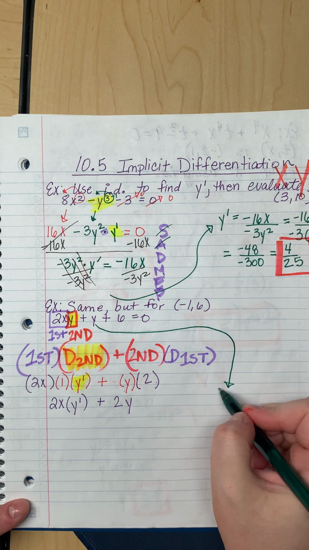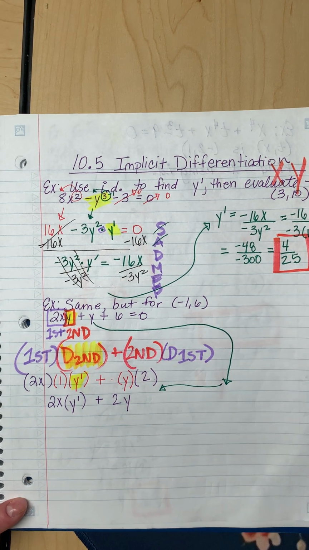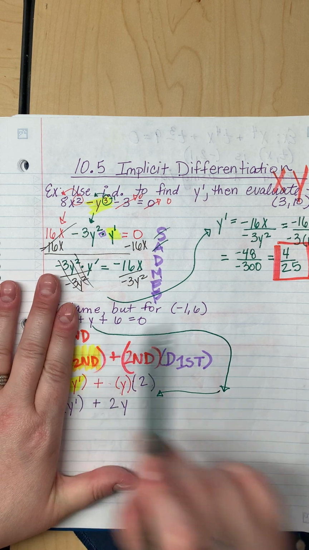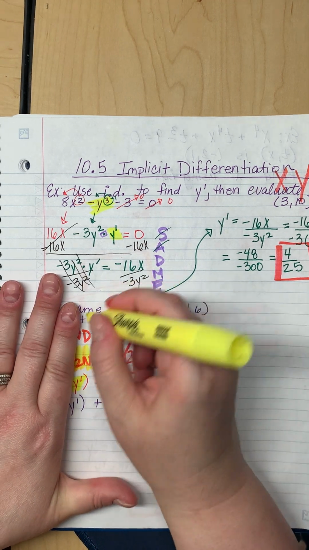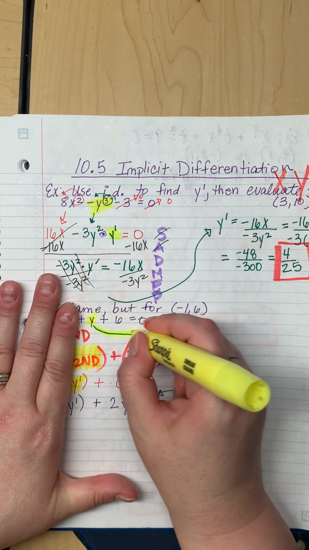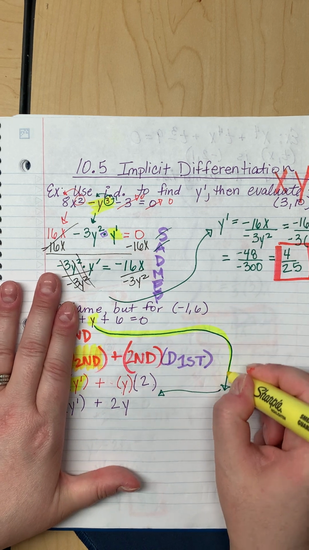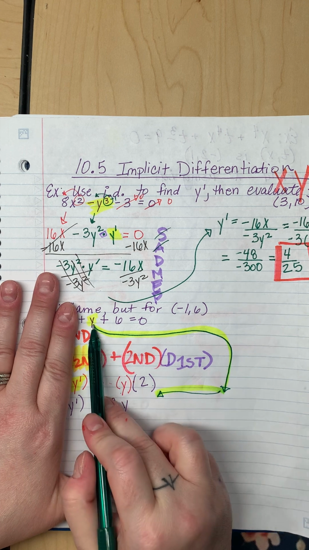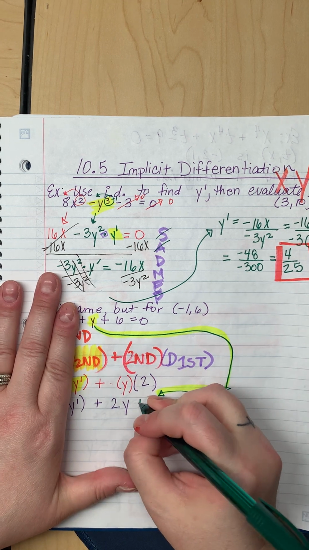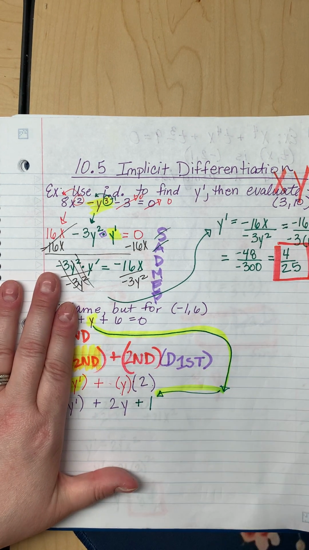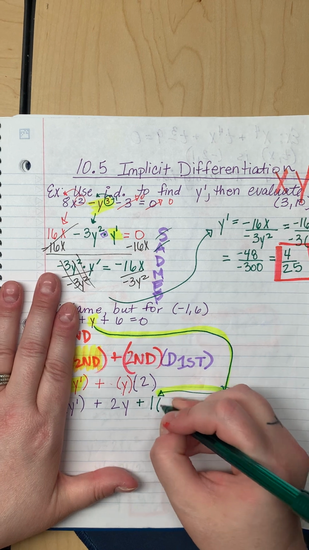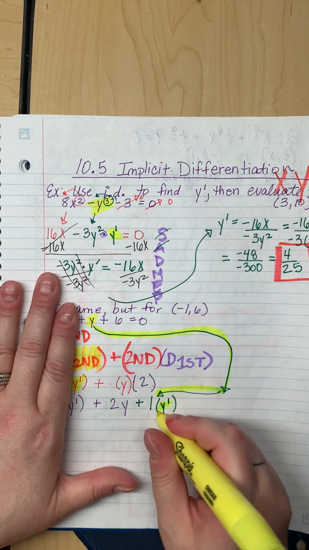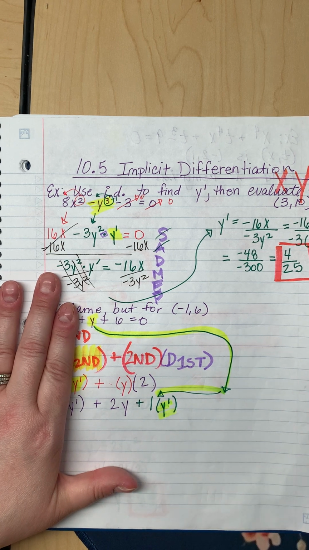Now let's finish the problem. Okay, my arrow's not long enough. There we go. Now let's finish taking the derivative. The derivative of this naked y, well, I'm taking the derivative of y, so that means I have to put a y prime. So the derivative of y is just 1, but I have to put times y prime, because when you take the derivative of a y, you have to put y prime.